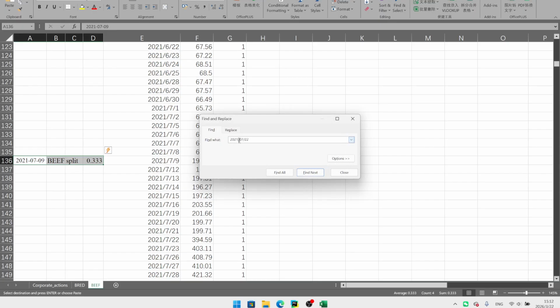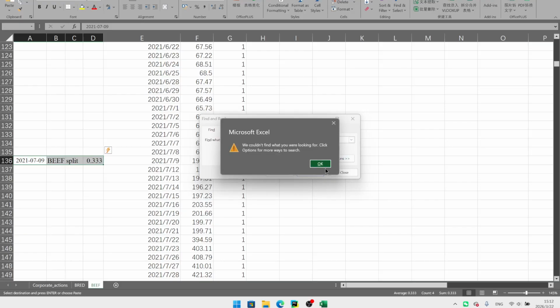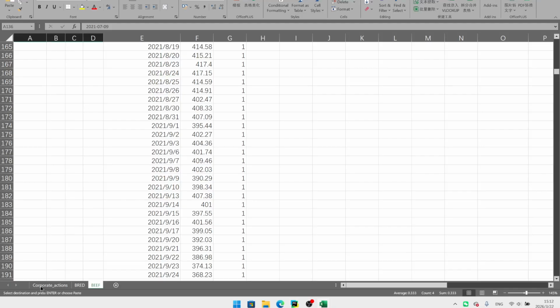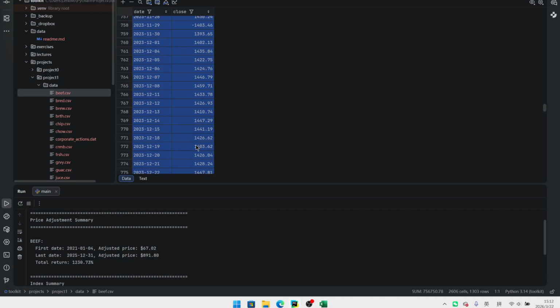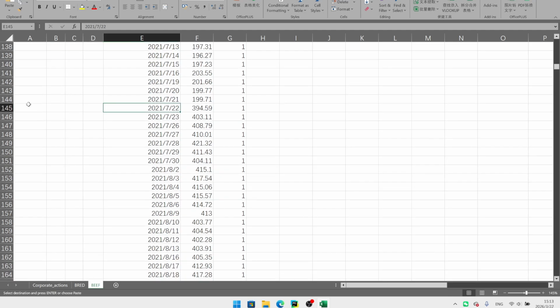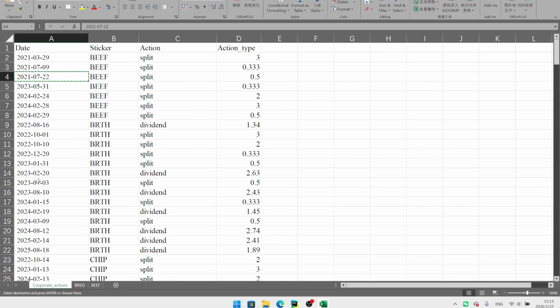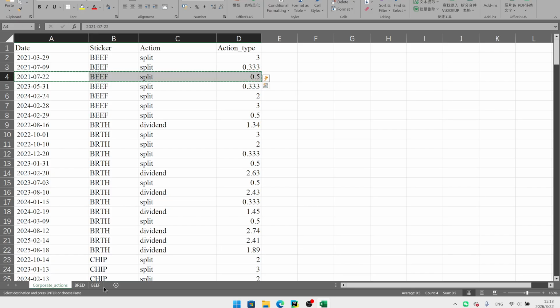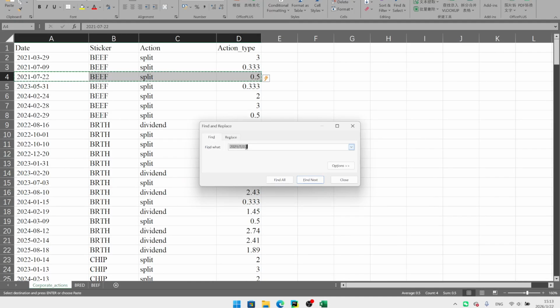This format, sorry, it's much slower. 2001 March, 2001 July 22. My bad. Okay, July 22. The next one is 2023, 31. So you just copy it.